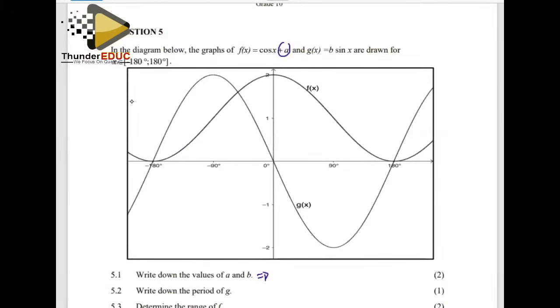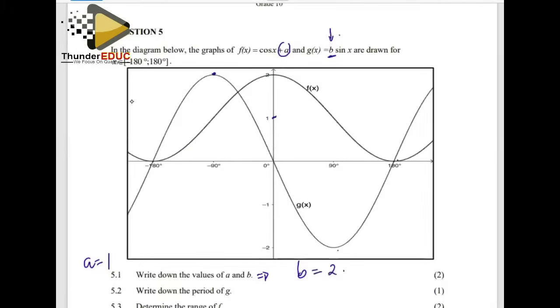We expect this graph to be passing by 1, and then these minimums to be below. So since we have 1 unit of difference, it simply tells us that A moved 1 unit upwards. So A is positive 1, and then B is the amplitude for the sine graph. So the highest point this graph is reaching is a 2. Minimum is a 2, meaning that B is going to be a 2.